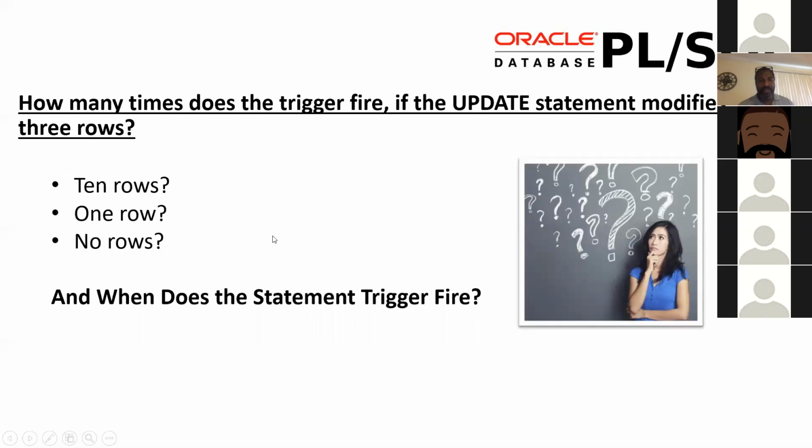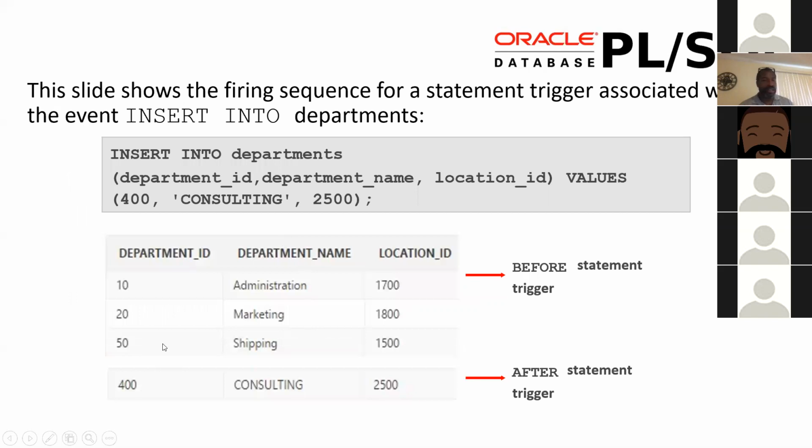And when does the statement trigger fire? Well, it only fires once. Just remember that, no matter whether it's a before or after, or a combination. When you're running a DML statement and something happens to that table, the trigger will fire unless you do something else.